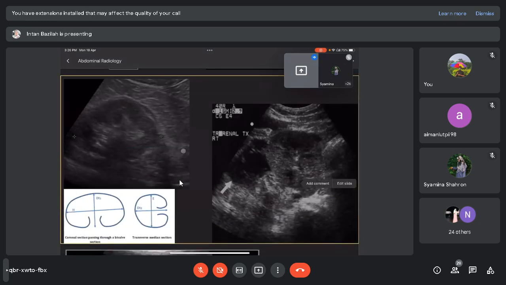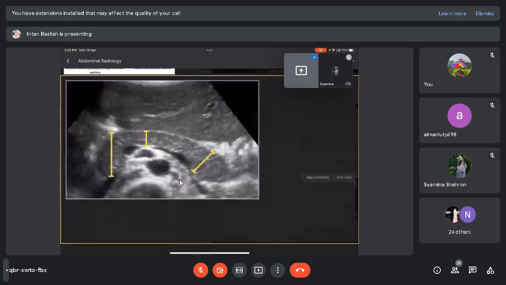Okay, this is just to show you how we should see the renal ultrasound, in longitudinal view like this one, and also in axial view. Okay. And this, does anyone know what this is? What organ is it?